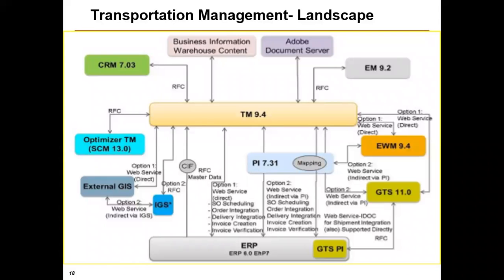We need to activate business functions of event management 9.2 to enable the services for tracking and tracing of events like create, edit, delete, or add items, operations. Any question up to this point?